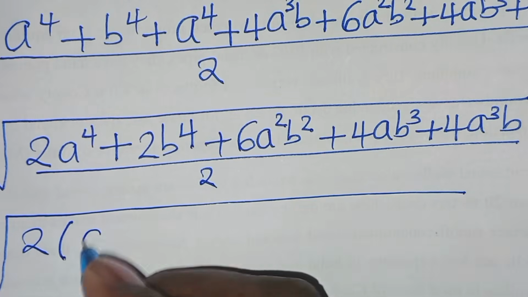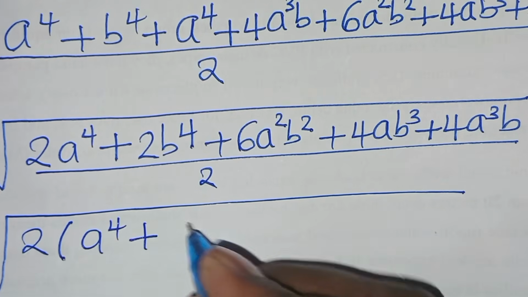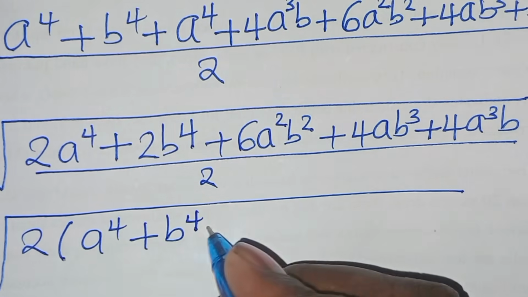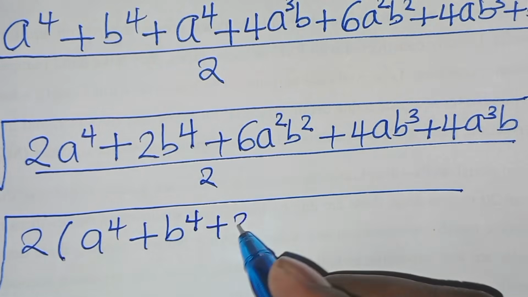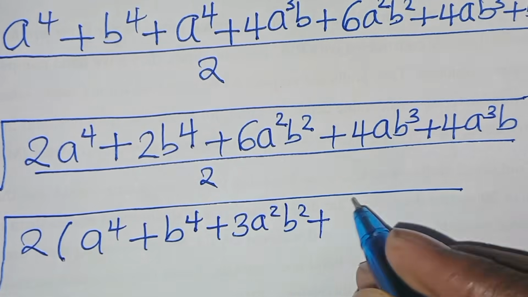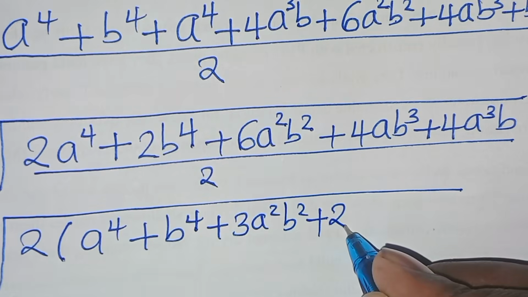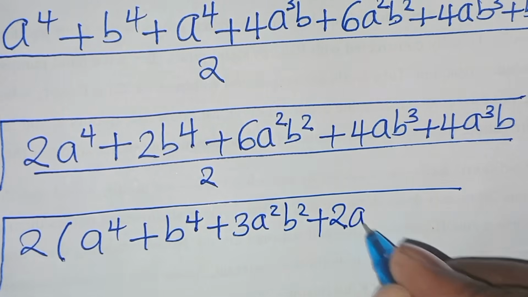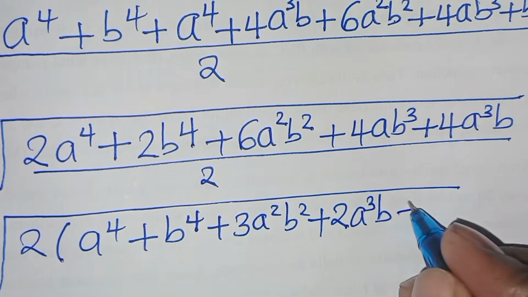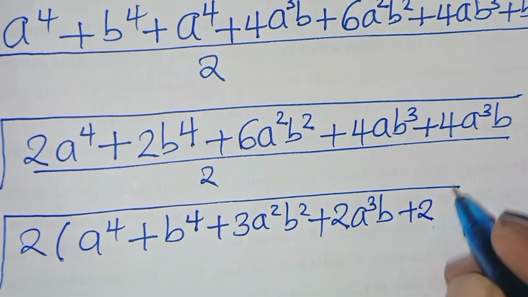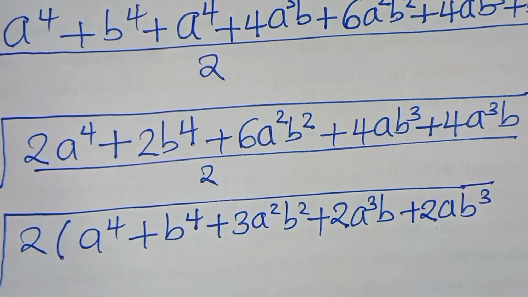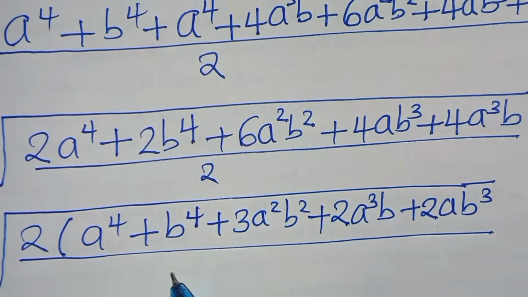We're going to have a to power 4 plus b to power 4, then plus 3a squared b squared, then plus 2a to power 3 b, then plus 2ab to power 3. All this divided by 2.